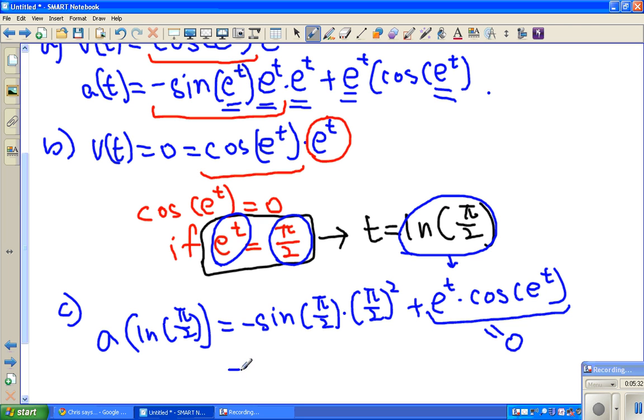That means our final answer for the acceleration will simply be, while this one is equal to 1 with a negative sign, negative pi squared over 4. So there it goes, the first question.